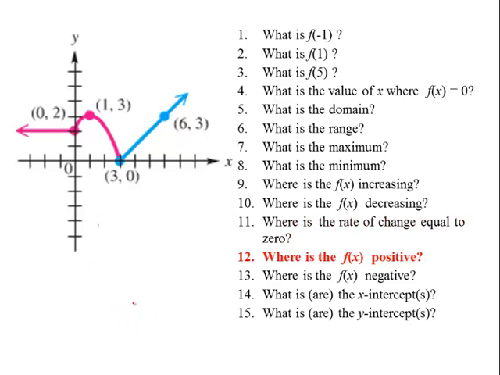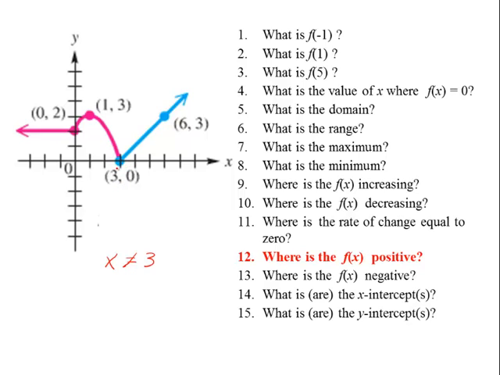Number 12, where is f of x positive? So that's in quadrant 1 and 2. So anything above the x axis, f of x is going to be positive, y is going to be positive. That works for every single x except for 3. And that would be when x does not equal 3.